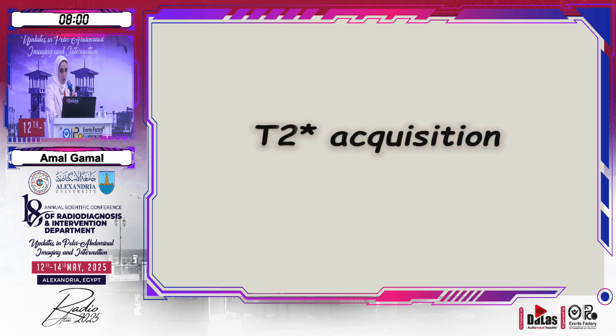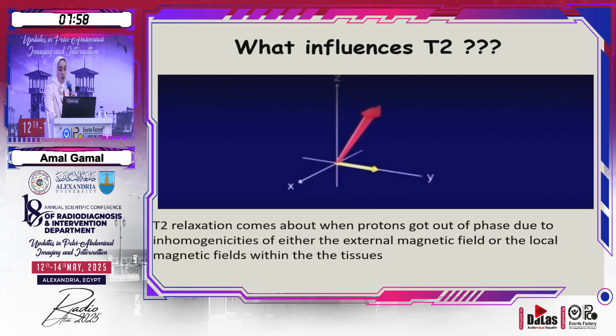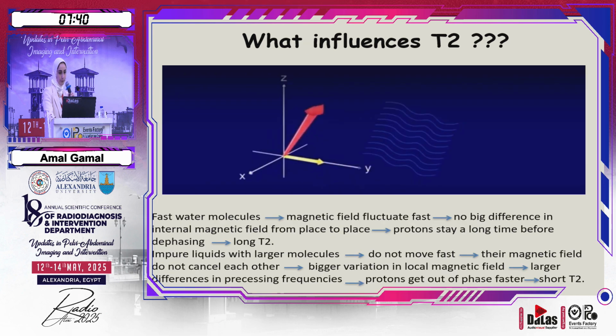How is T2 acquired? What influences T2? T2 relaxation comes about when protons get out of phase, which, as we already know, has two causes: either inhomogeneities of the external magnetic field or inhomogeneities of the local magnetic field within the tissues.